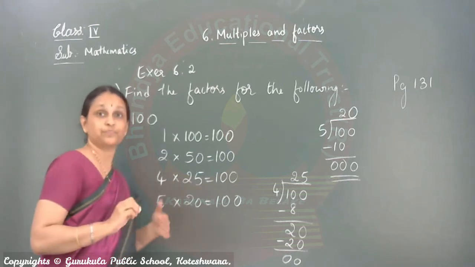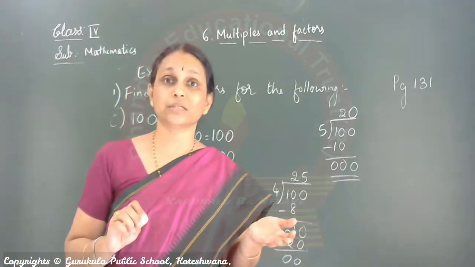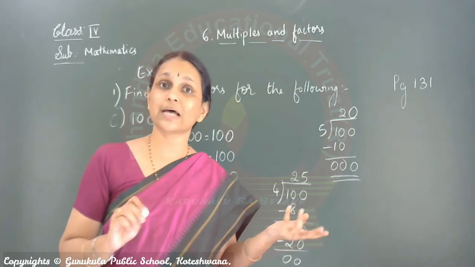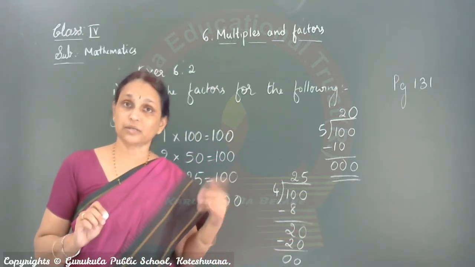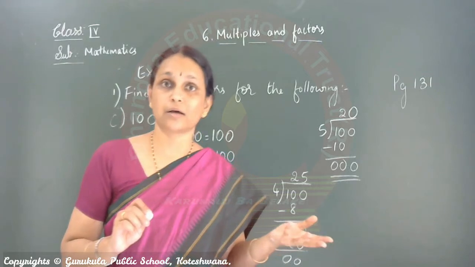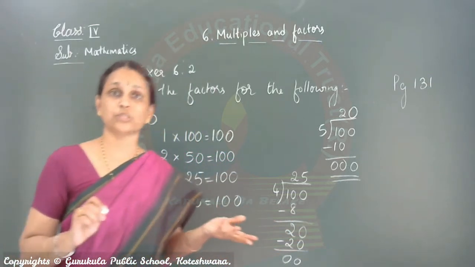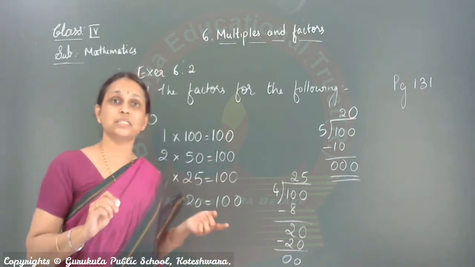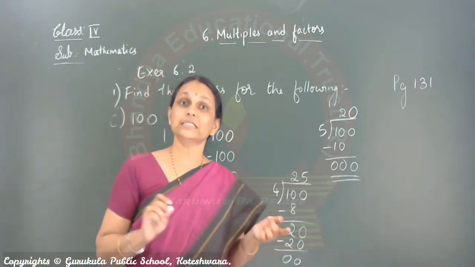6 tables? Yes. Of course you can tell 6 tables. 6 10s are 60. 6 11s are 66. 6 12s are how much? 13s are. 14s are. 15s are how much? You know up to 16 tables I think. Yes, 16 6s are 96.